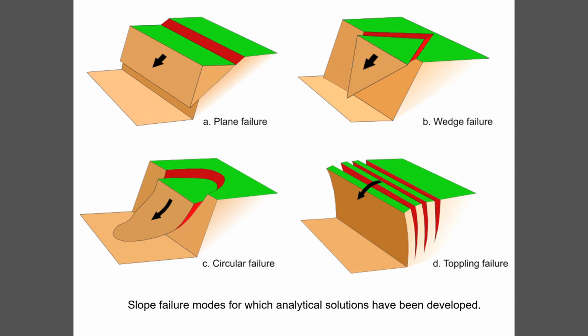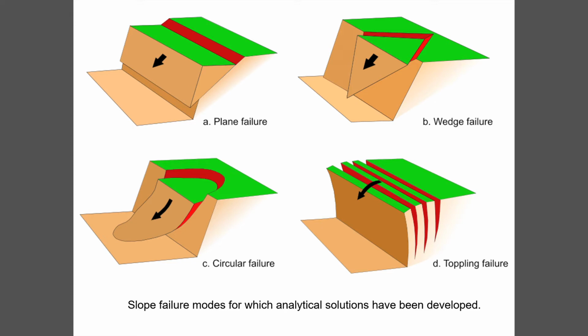In order to understand the process of rock slope behavior, we have to look at a number of simple models, and those are illustrated in this slide, which shows 4 of the typical failure mechanisms that we encounter.